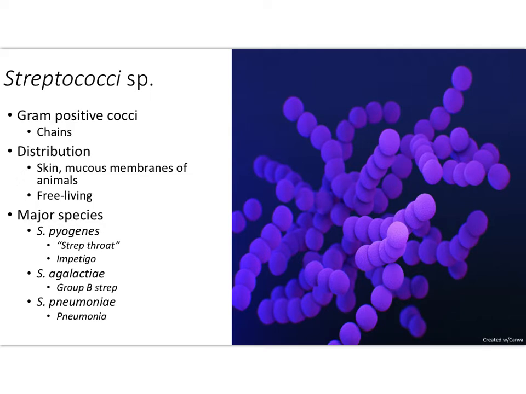So if we find a woman who is carrying it during her 3rd trimester of pregnancy, typically what will happen is penicillin will be given during labor and delivery, which will prevent the baby from getting sick from this bacteria if it comes in contact with it. And then the last one, like I said, is strep pneumoniae. This is a very common cause of bacterial pneumonia.